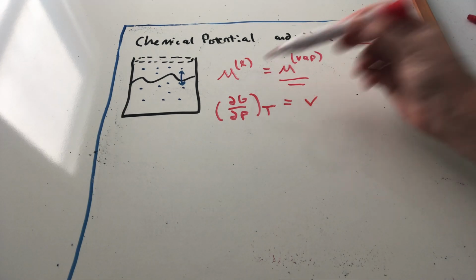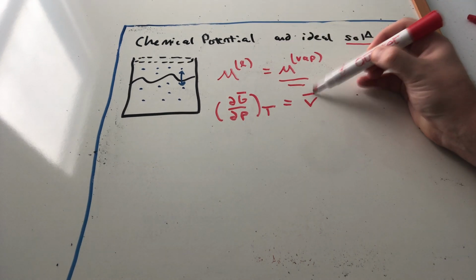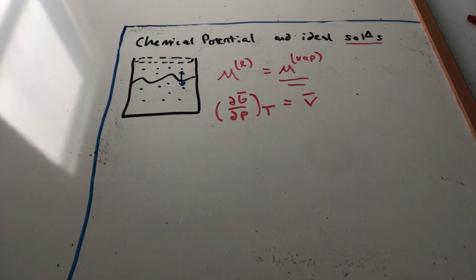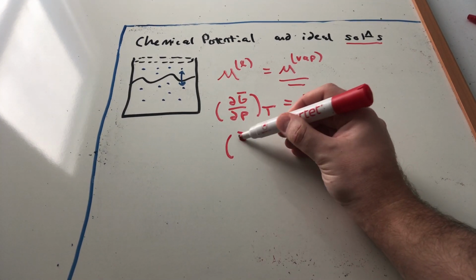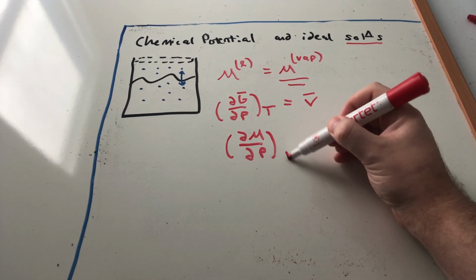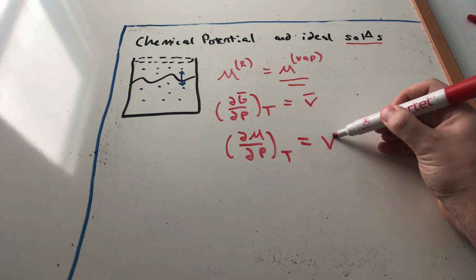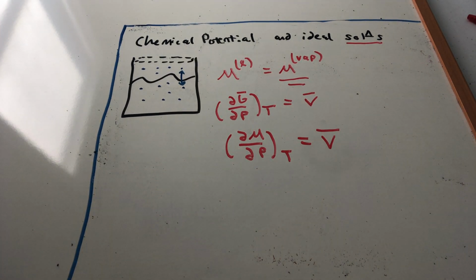And I know that G is molar Gibbs energy. So if I divide both sides by small n, then I can write this formula here. Now I can rewrite this. As soon as I see a molar Gibbs energy, I know that that is actually a mu, a chemical potential. So d mu dP at constant T is the same as molar volume.